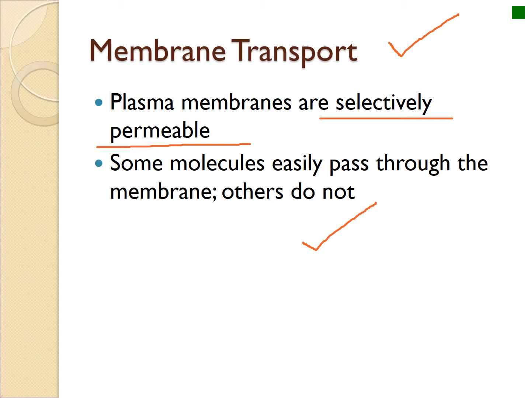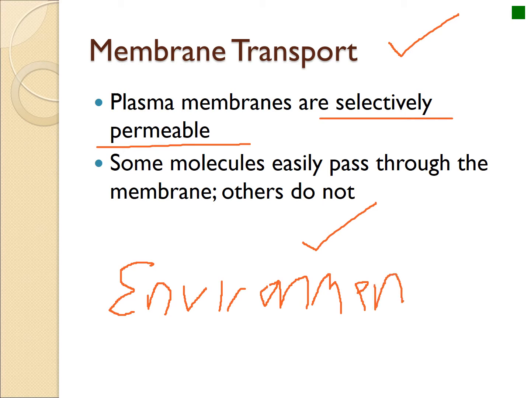And the thing about membrane transport, most of it is going to be determined by the environment that surrounds the cell. So the fluids that surround the cells are really what's going to determine how transport occurs. So membrane transport is more due to the environment than due to the cell itself. And this is why you have to keep your blood and body fluids very homeostatic.